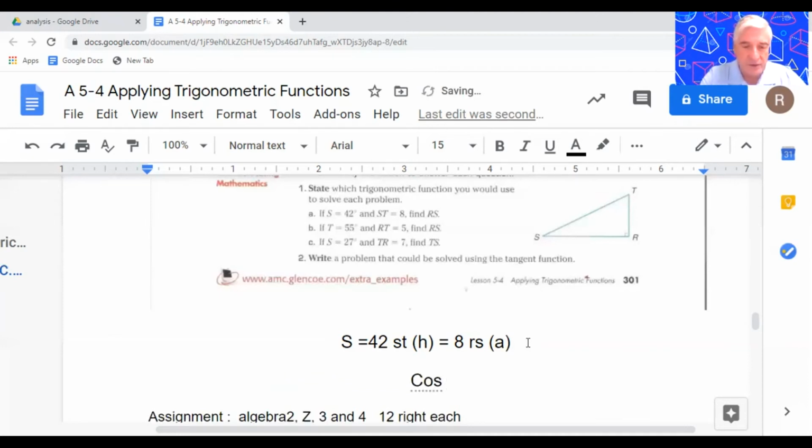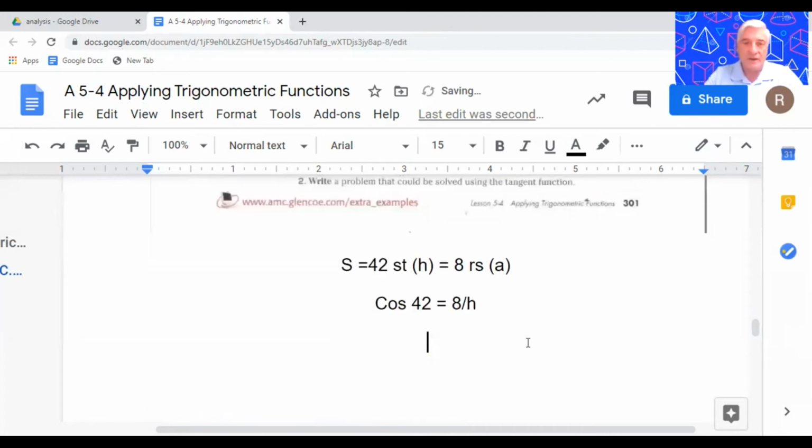Cosine of 42 equal RS over 8 divided by hypotenuse. Now, we're going to move that to multiply both sides by h.